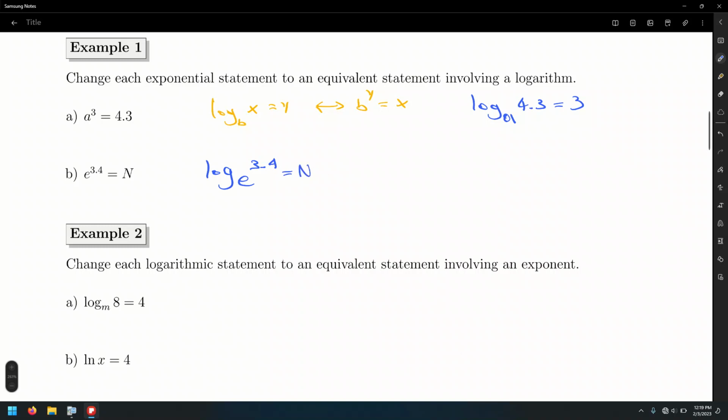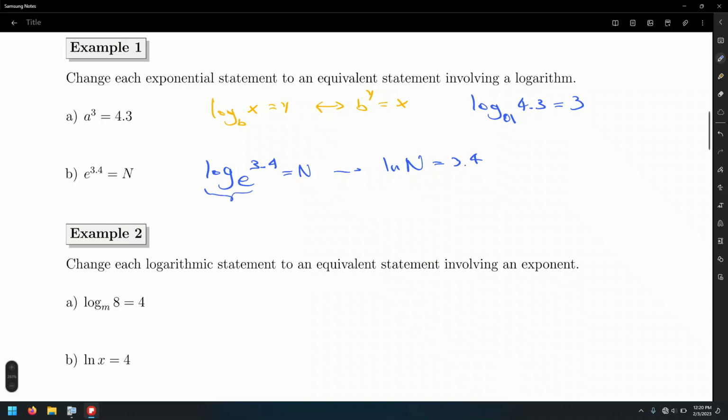Wait a minute, no, it's the reverse, so that's the y, and the base is e. So it's ln of N equals 3.4. So that's the logarithmic form for this, right?